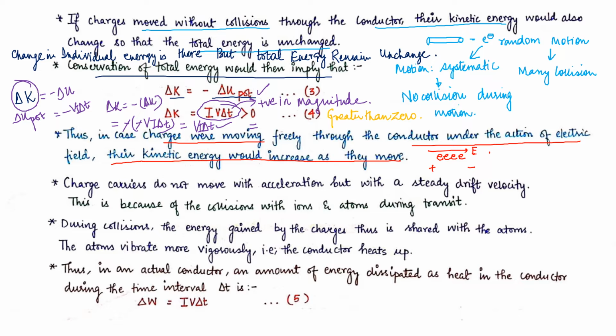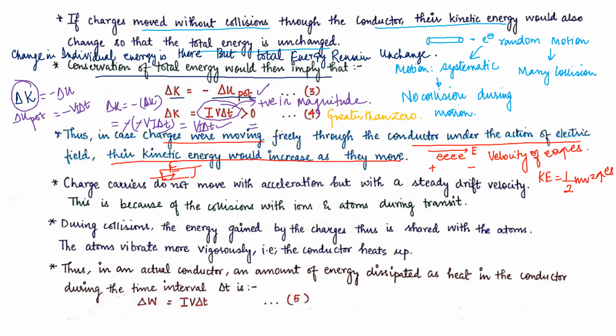While moving, there is no interruption, and as there is no interruption, their velocity is increasing. When the velocity of electrons is increasing, the kinetic energy, which is equal to half m v square, is also increasing. So throughout this conductor, if electric field is applied, the electrons will show the systematic motion, and hence the kinetic energy will keep on increasing as they move.